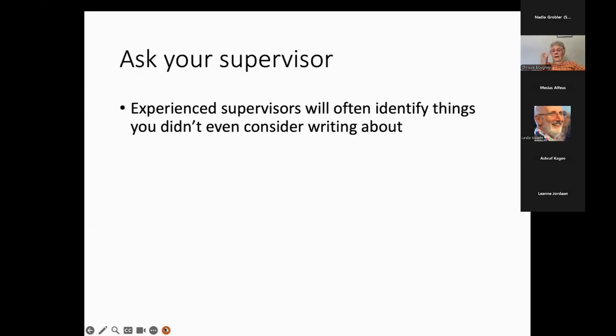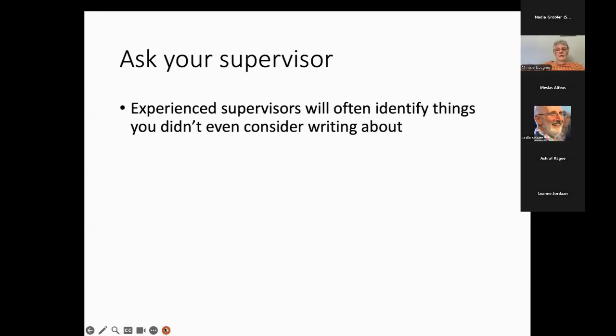So another thing you can do is ask your supervisor. Experienced supervisors will often identify things you didn't even consider writing about. They know the field, they know your work. That's a big advantage. So have a conversation with your supervisor. I know when I supervise, and often during the analysis phase, or indeed any phase, I would say to the student, you realize, don't you, there's a journal article in this.